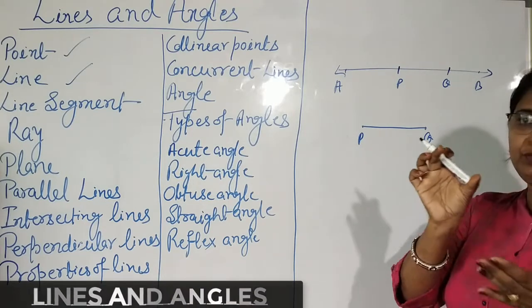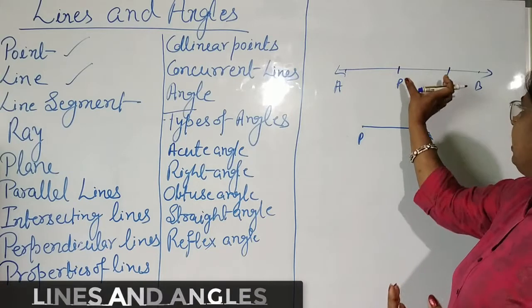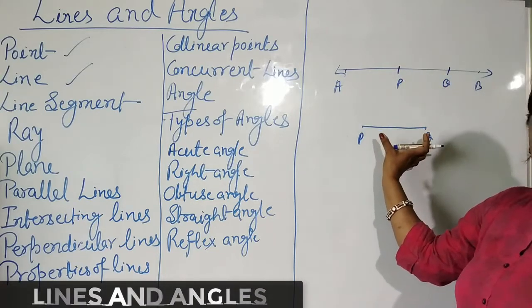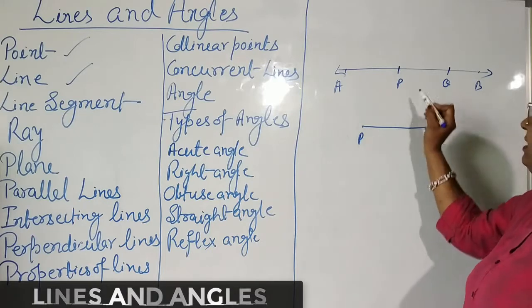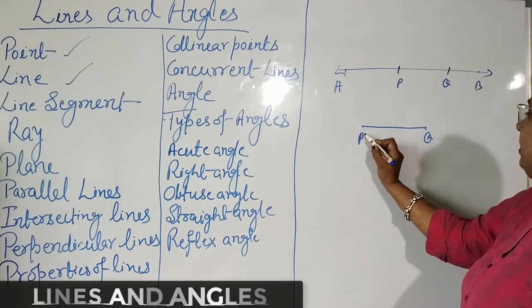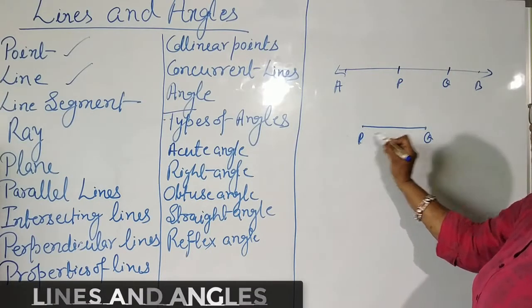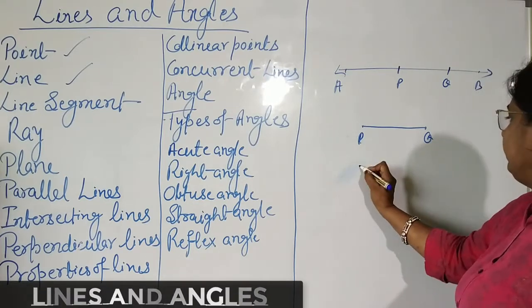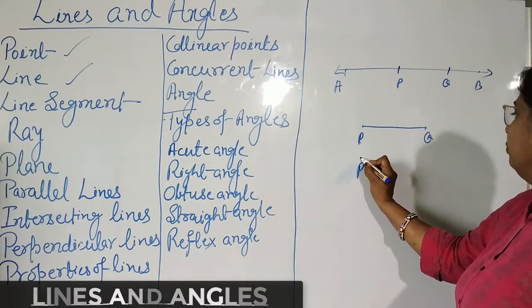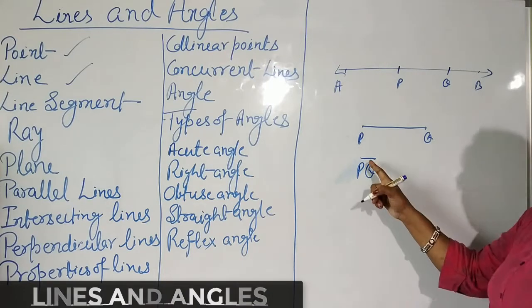A part of line. एक लाइन का एक छोटा टुकड़ा जो एक पार्ट है उसे हम लाइन सेगमेंट कहते हैं. Line segment is a part of line, can be denoted like this PQ.